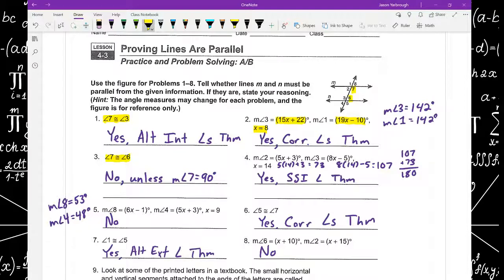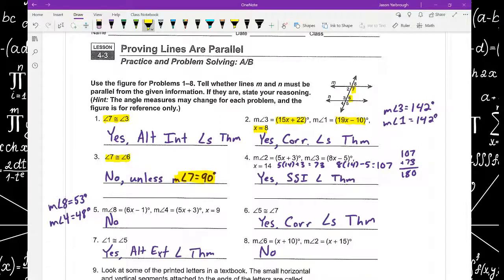We can't necessarily go by the picture and say that they aren't 90 degrees because they don't look like it, because the picture might not be drawn to scale. So the correct answer for this one is no, unless the angle measures are 90 degrees. If either of the angles measures 90 degrees, since they would be congruent, the other one would be 90 degrees as well, and 90 plus 90 is 180.